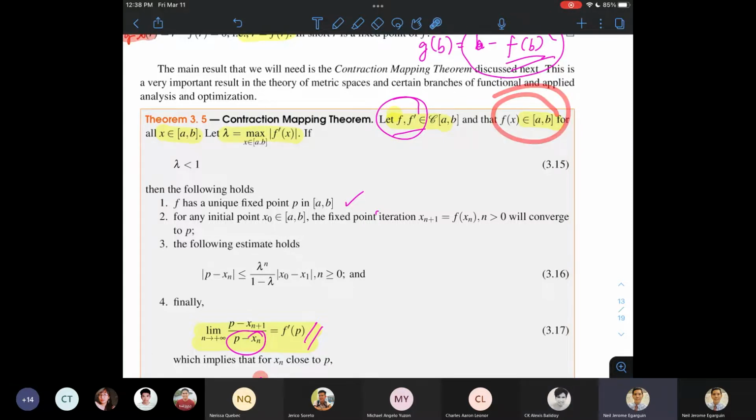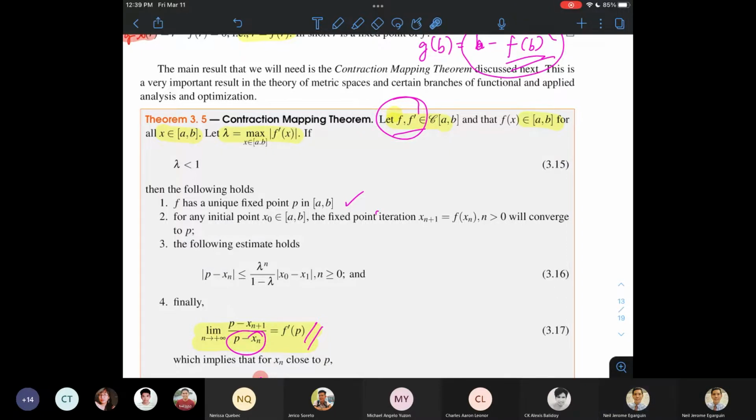Dapat yung function values ay naninirahan din doon sa closed interval AB. And usually, it's very hard to find an interval AB kung saan nanggagaling yung mga x's na pag pinlug in natin kay F, ang sagot nandoon pa rin sa closed interval AB. Alright? So mahirap maghanap talaga ng interval AB na yon. But that is the requirement before we can proceed to the conclusions of the contraction mapping theorem.